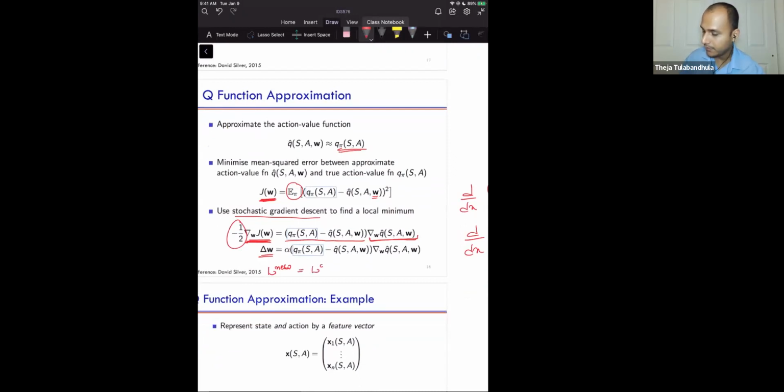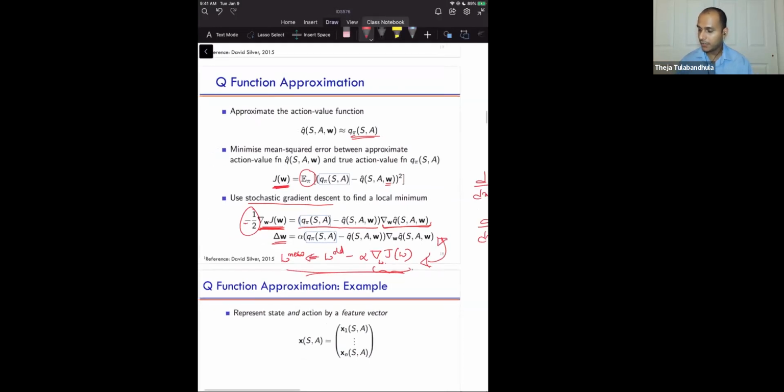It will be equal to W old minus alpha times the gradient of J of W with respect to W. Because there's a negative sign already here, let me write just minus alpha. The above equation is the same as this, where you substitute what J of W is, and because there's a minus sign there, you don't have a minus in front of alpha. So this is what you would do as a gradient update.